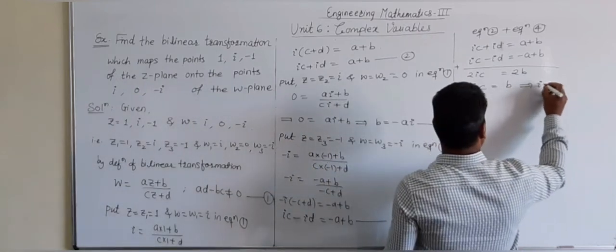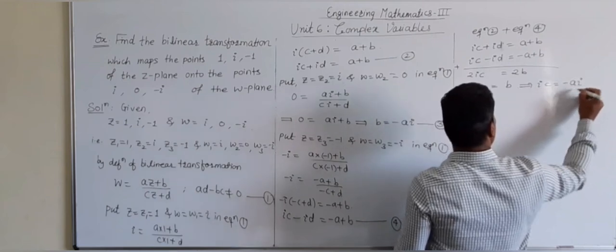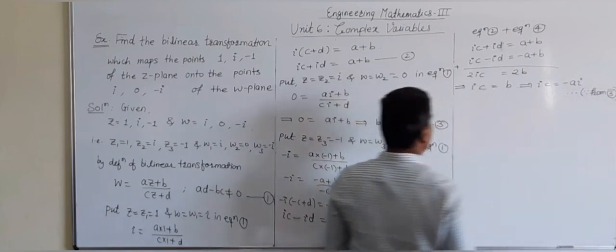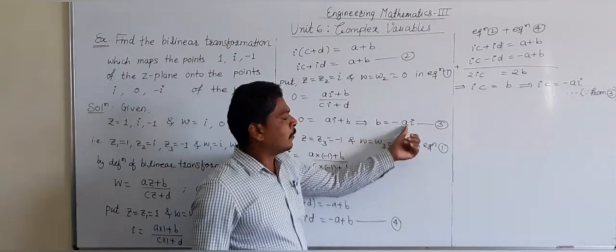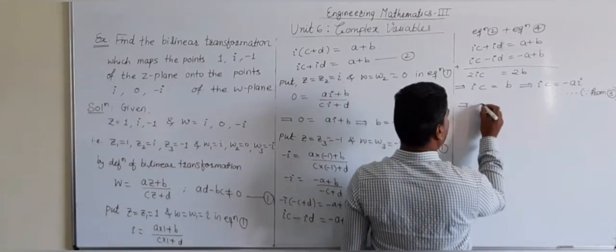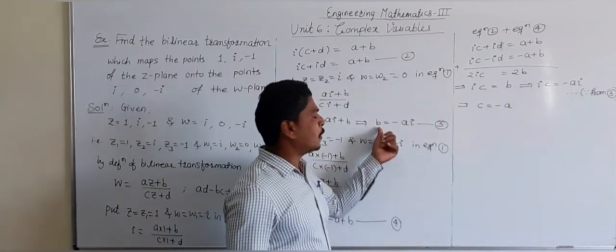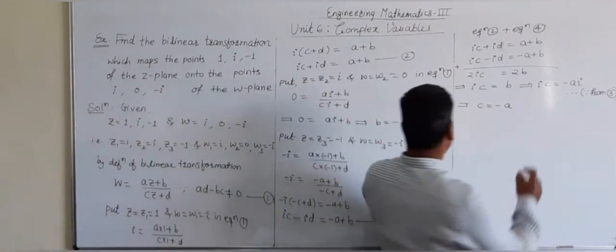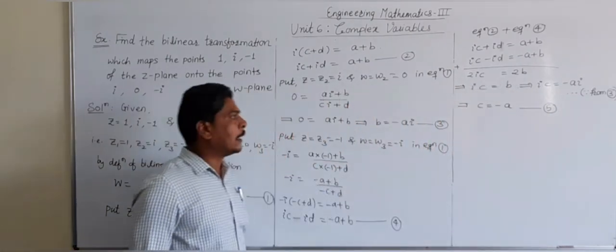So we get iC is equal to minus iA, since from equation 3 I have replaced the value of B in terms of A. So this implies C is equal to minus A. This i will get cancelled. So in equation 3 I have written B in terms of A. This becomes equation number 5. In that equation I have written C in terms of A.